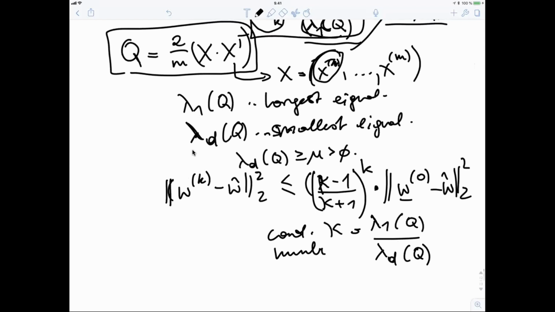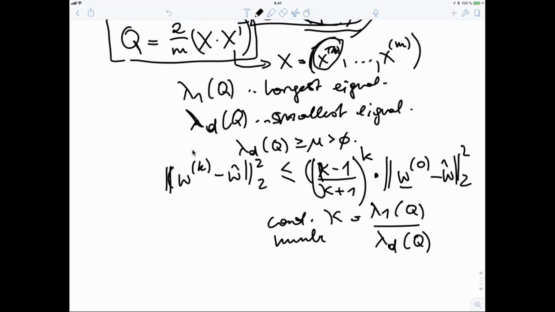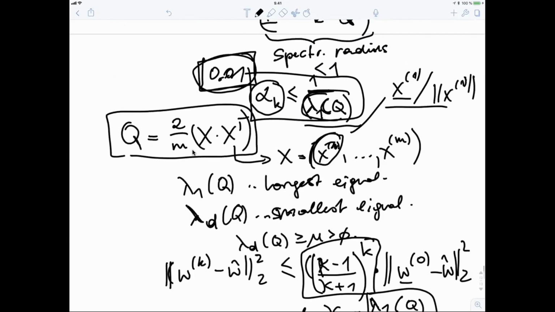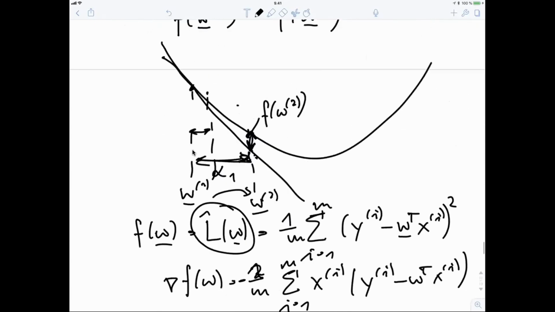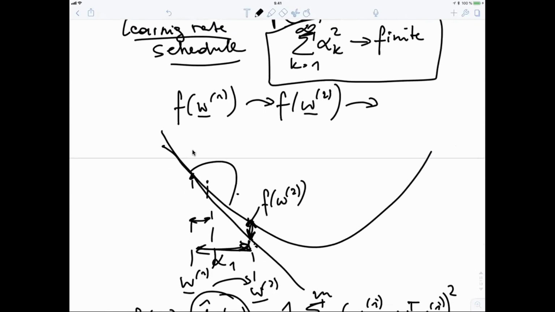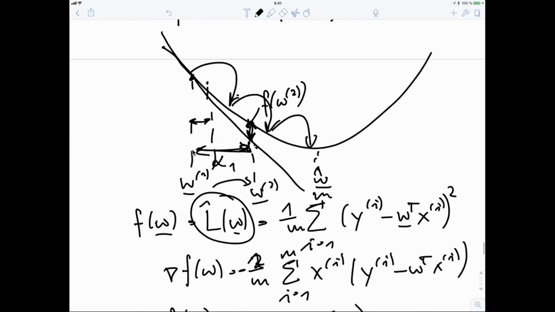Yes. So here we also see that these eigenvalues, or in particular the ratio of largest to smallest eigenvalue, have a direct impact on the convergence speed. So how much progress a gradient descent step makes towards the optimum. So here would be the optimum.